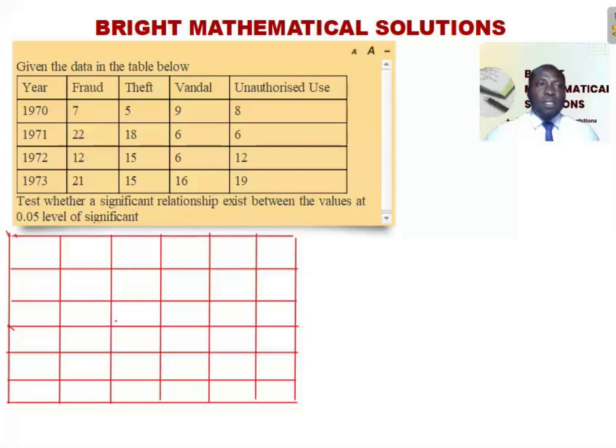Now, the first thing we have to do whenever we have questions like this is to write out the hypothesis. The null hypothesis and the alternate hypothesis. The question is, how do we write? For the null hypothesis, that is H0, it says there is no significant relationship.